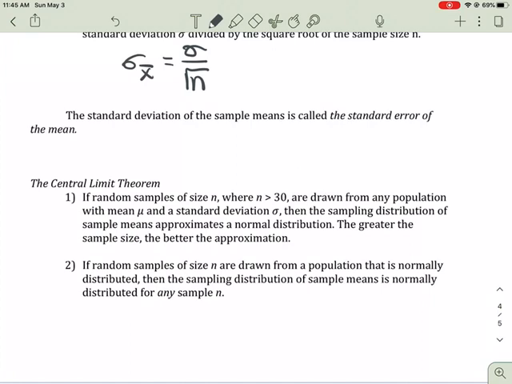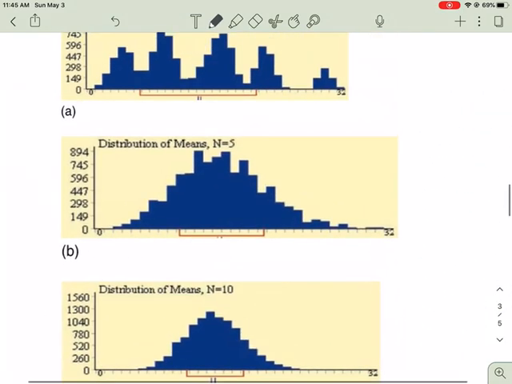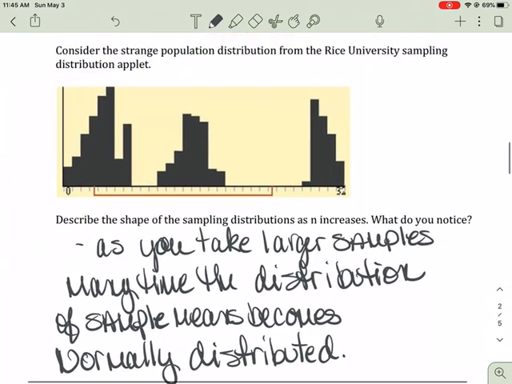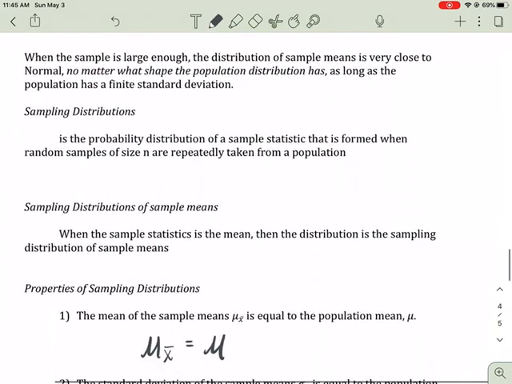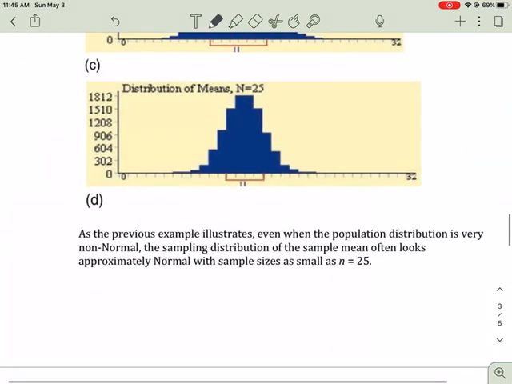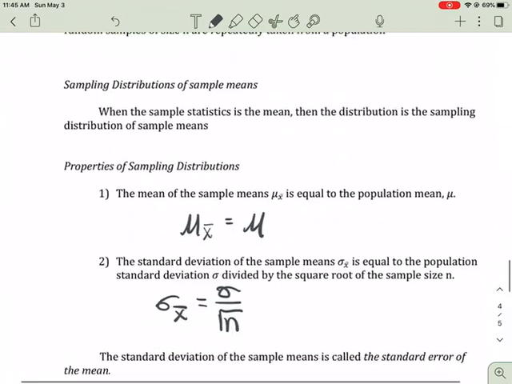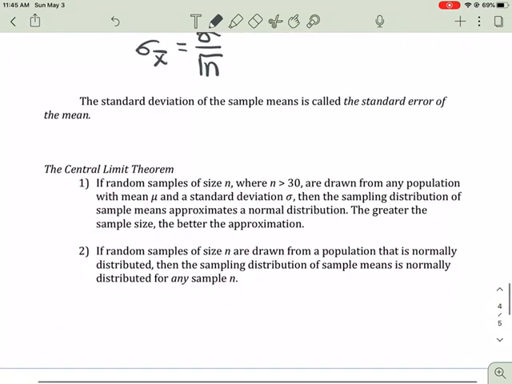So the theorem allows us to take sample sizes of over 30, and it doesn't matter what the original looks like. It could look like this guy that we had in our little demonstration here, and as long as we take large enough samples, over 30, many, many times, it's going to look like that. That's really important because that is going to match up with our normal distribution or standard normal form.